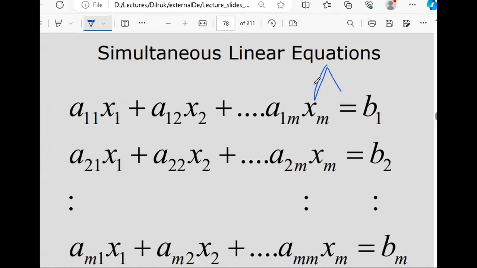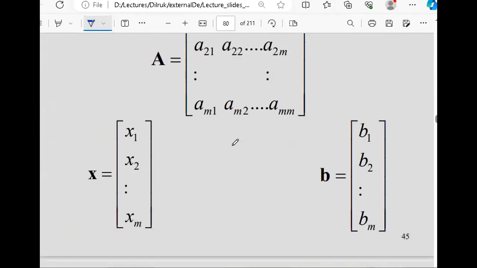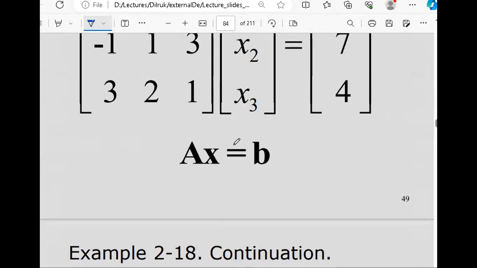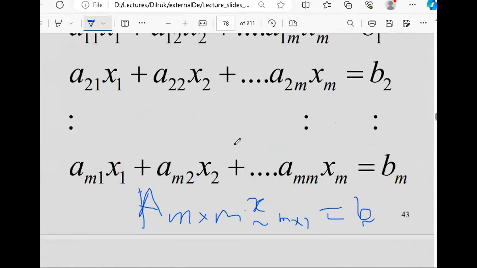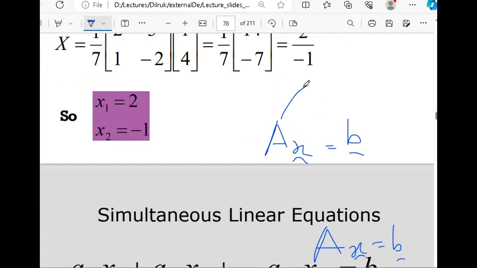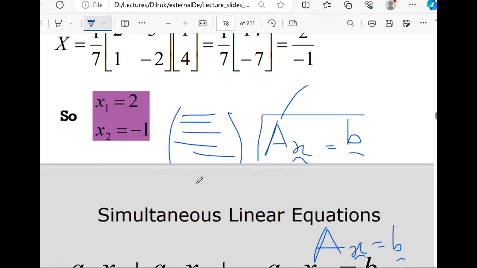So the first case: if the coefficient matrix is non-singular or full rank, meaning you have linearly independent rows, all independent rows or columns, then this system has a unique solution.